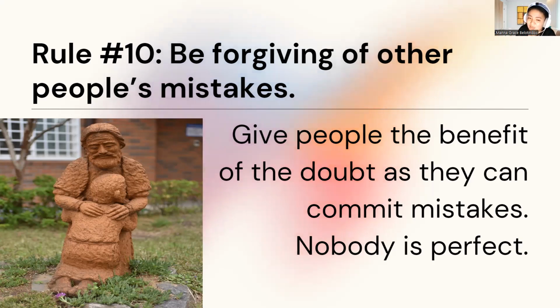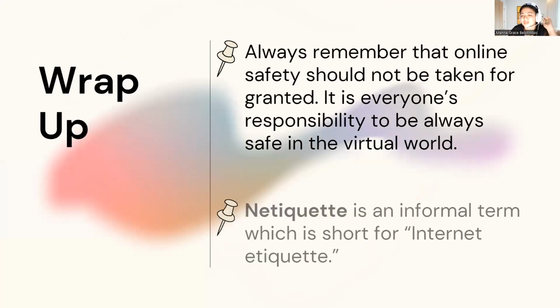And that's it for lesson 7. So we have the wrap up. Always remember that online safety should not be taken for granted. It is everyone's responsibility to be always safe in the virtual world. Second, netiquette is an informal term which is short for internet etiquette.